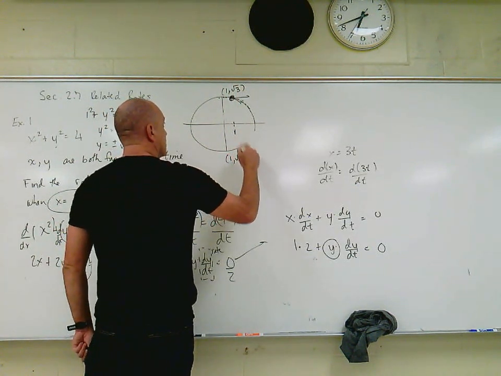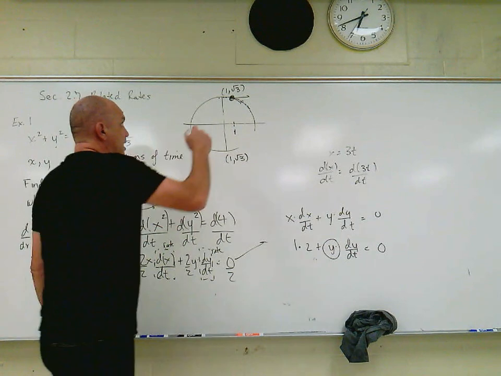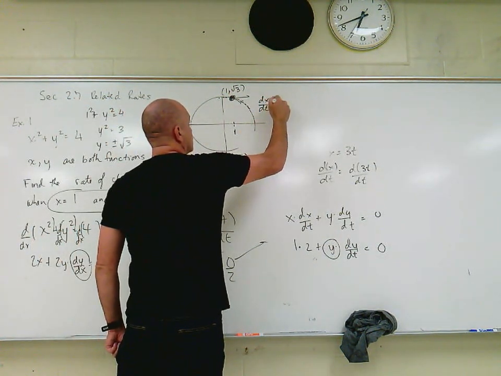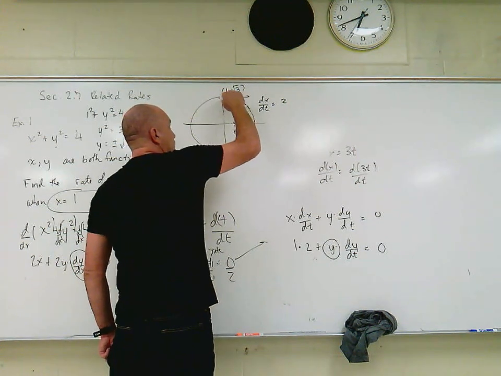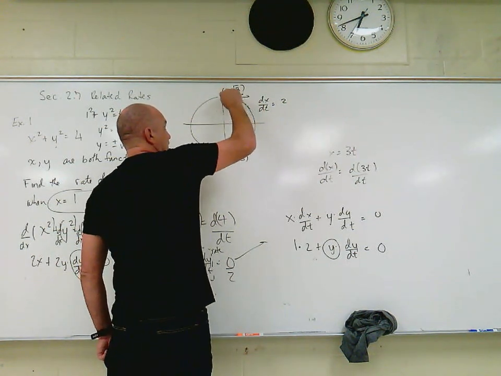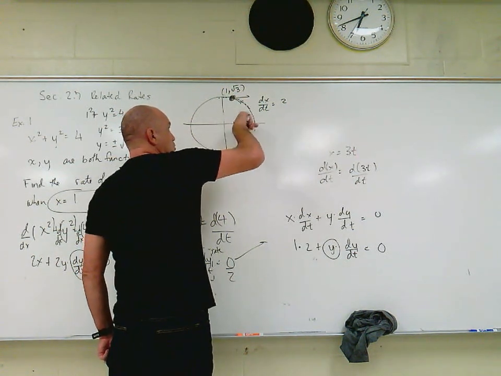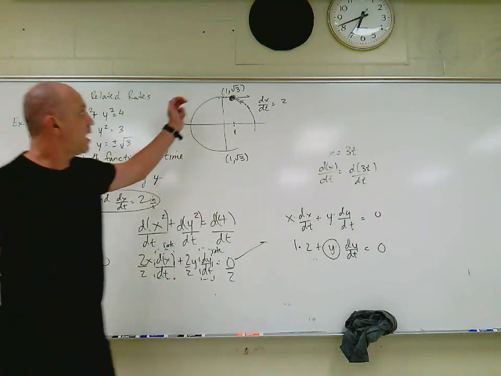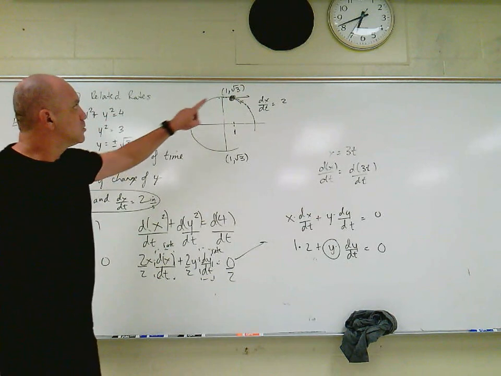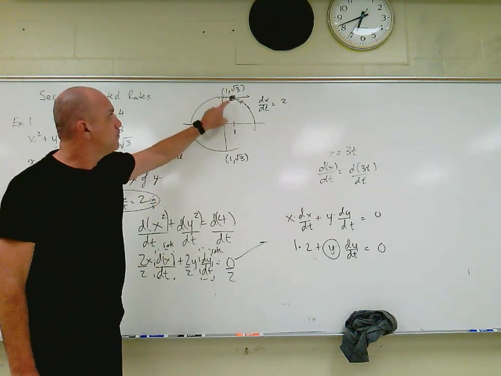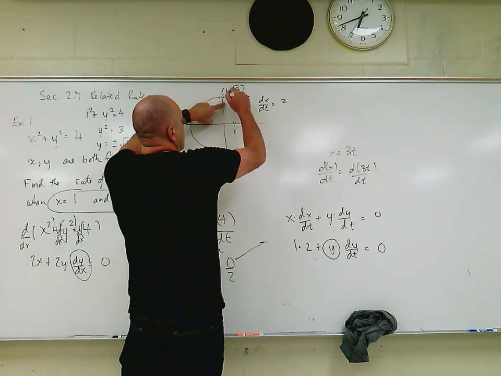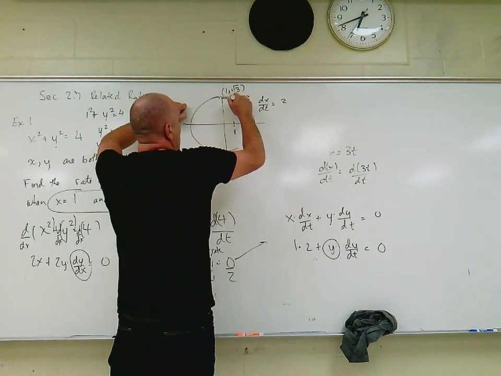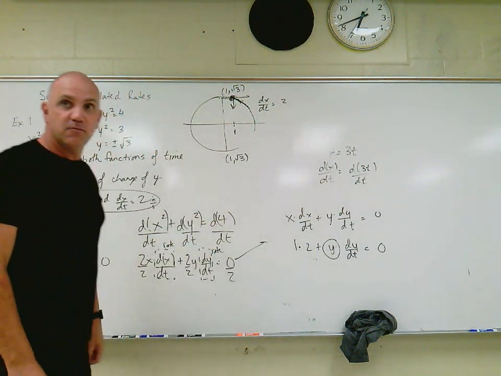So the first thing I want you to understand is when I see that dx over dt is 2, that means the point is moving in this direction, where the x should change by 2 in a second, 2 inches in a second. So I know that it's moving right. So if I use this for y, as the point moves this way, because it has to go along this circle, then my y should be negative. So let's see.